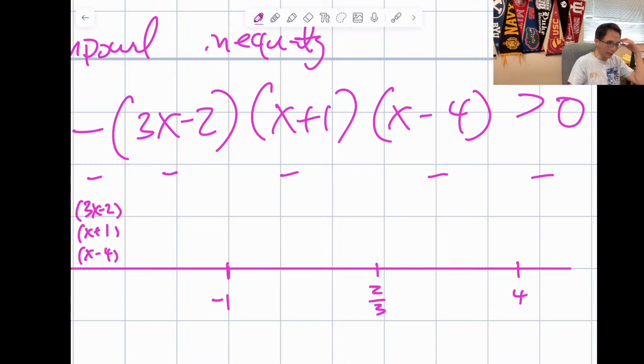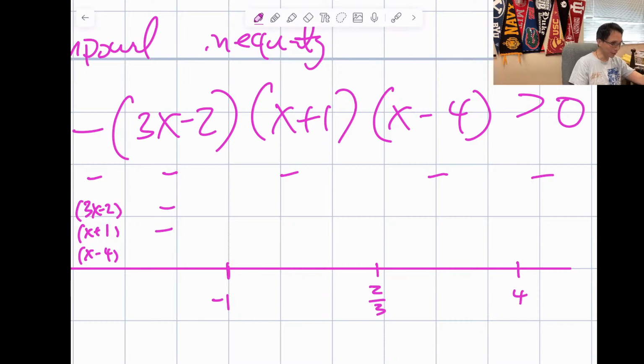Now, I'm going to plug in something less than -1 into the first parenthesis. I'm going to plug in -2 into 3x minus 2. What sign am I going to get? Negative.